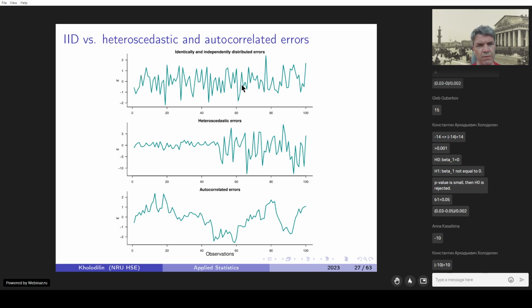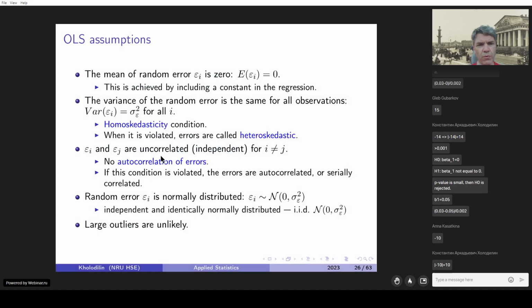So if we compute the variance for this subsample or for this subsample, it will be more or less the same. By contrast, here you see that the variance is very small, while here it's very big. So we have one variance here and another variance here. So the homoscedasticity condition is violated, and we have heteroscedasticity here. Why is it important? Well, I'll talk about this later.